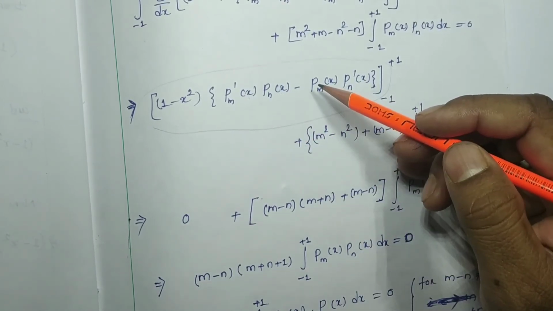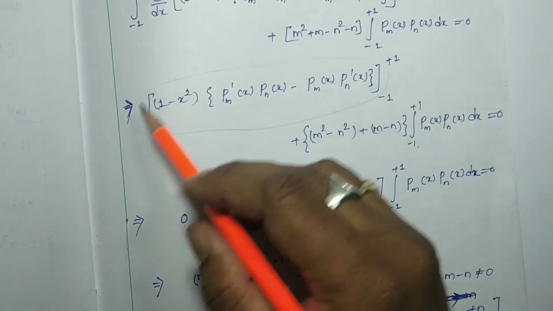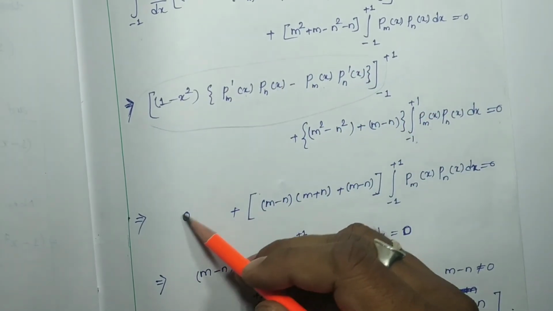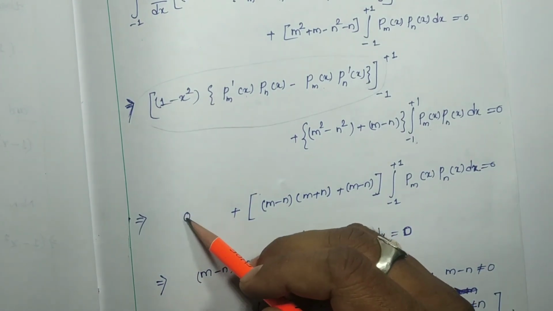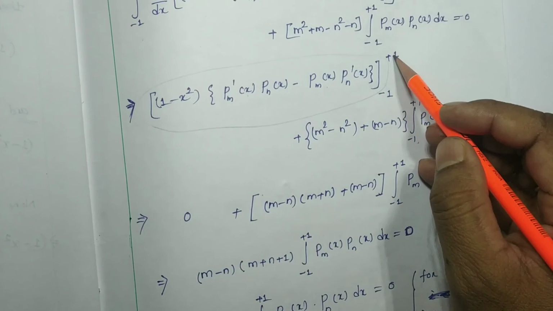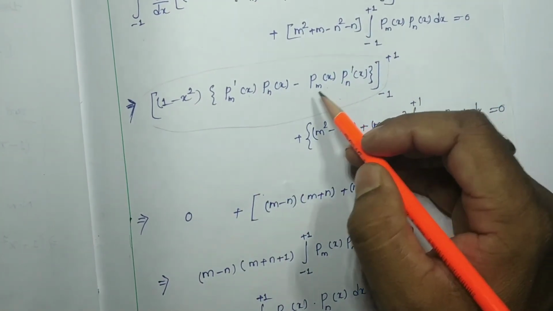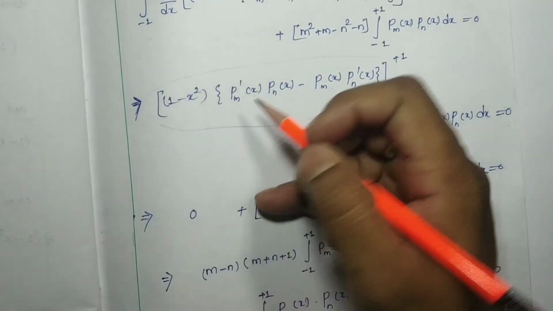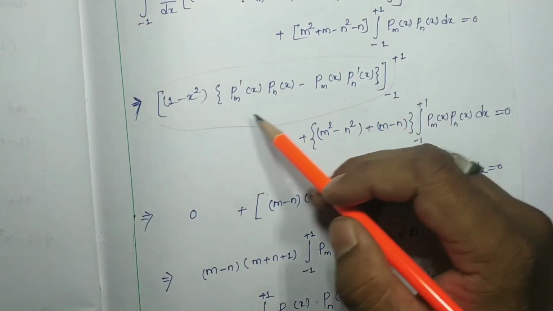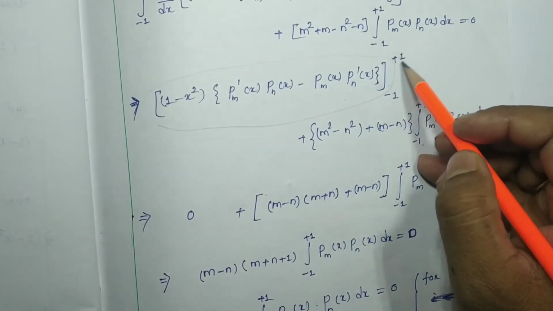So for the limit minus 1 to plus 1, this whole value will always be equal to 0. So here I wrote 0 whenever I put the limit minus 1 to 1 for this one. Okay. You can think of it this way: whatever may be the value inside this curly bracket, leave it. First you put 1 over here.